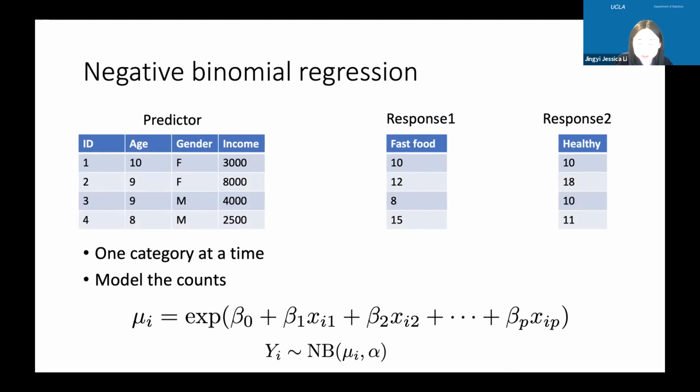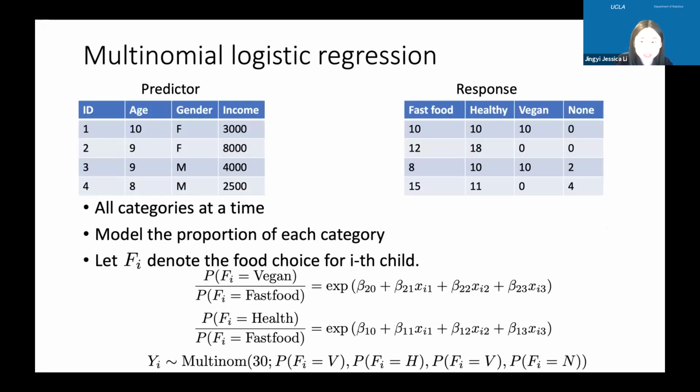And the second question is, does the overall proportion of response i, the expected proportion of response i, change with one covariate? So that's why for different types of questions you want to investigate, you will use different types of regression. And you see that in those two cases, both the random structure and the systematic structure are different.